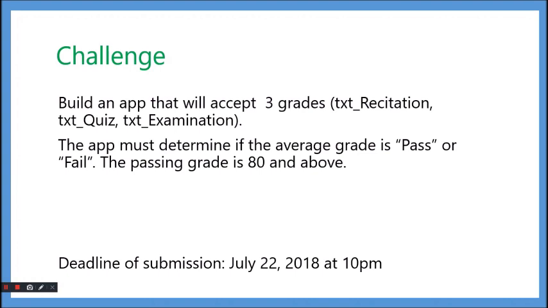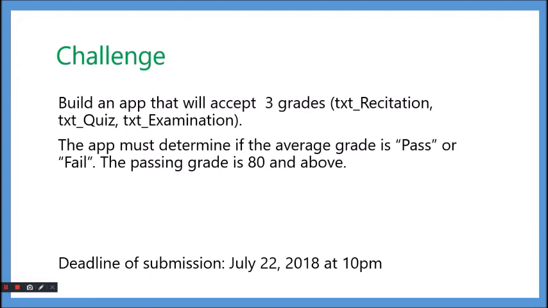Challenge number 2, you will have to build an app that will accept 3 grades: text recitation, text quiz, and text examination. The app must determine if the average grade is pass or fail. The passing grade is 80 and above. Again, when we say 80 and above, that is only for 80 up to 100.